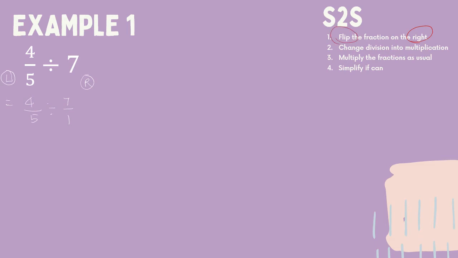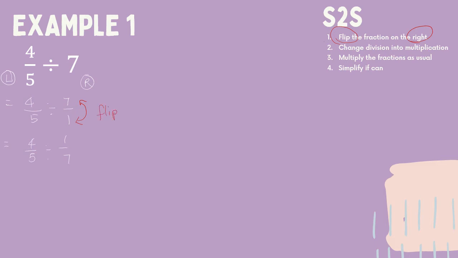Flip means you exchange the denominator with the numerator. What is at the bottom now becomes the top. So this becomes 4 out of 5 divided by 1 out of 7. This is what it means by flip.